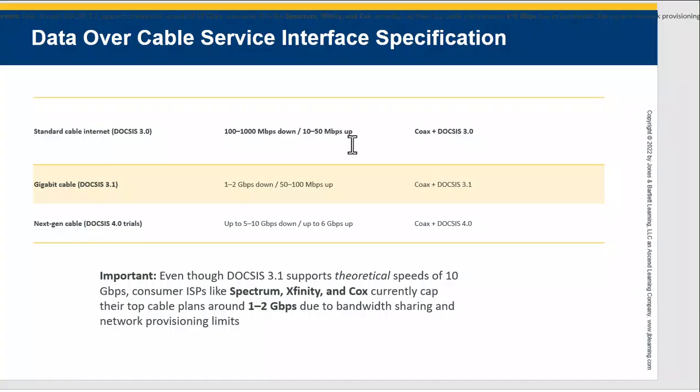Now, if you get a business class connection through Spectrum or whoever your ISP is, then you can make these numbers match. So you can have like 200 megabit per second download and upload. And you're probably wondering, well, why would you want that?